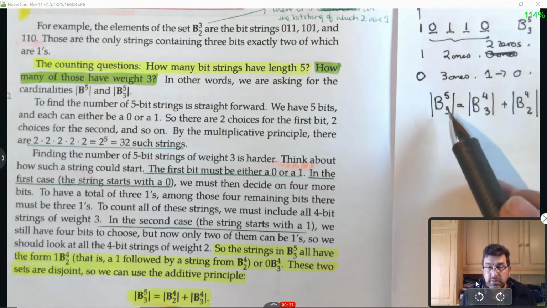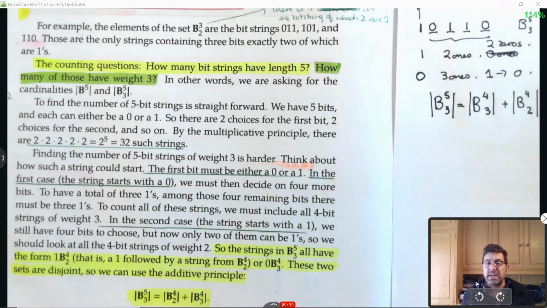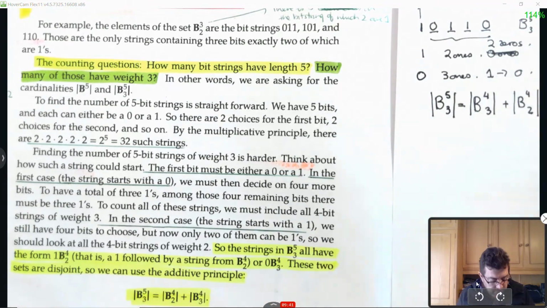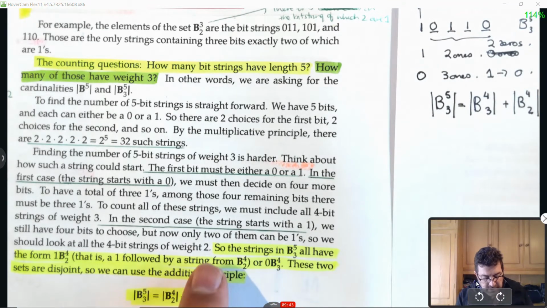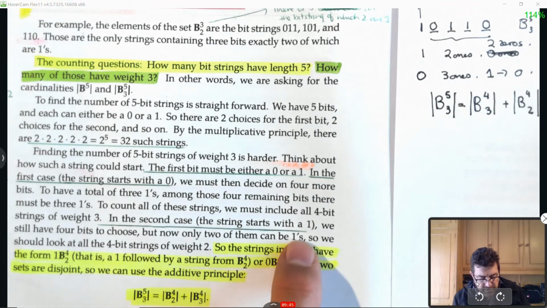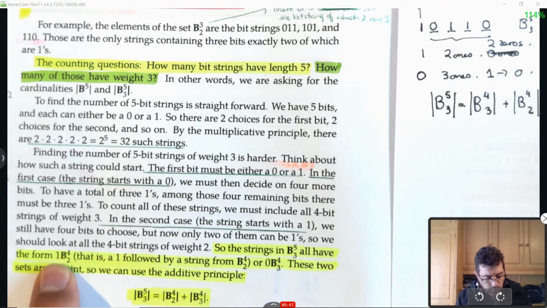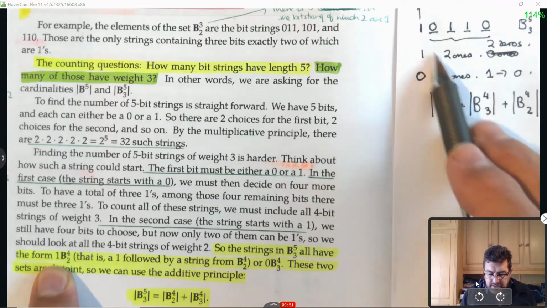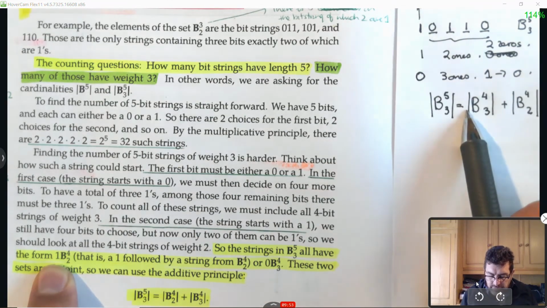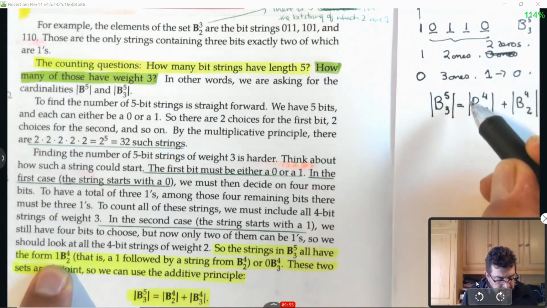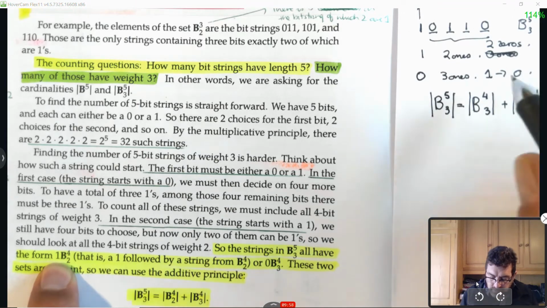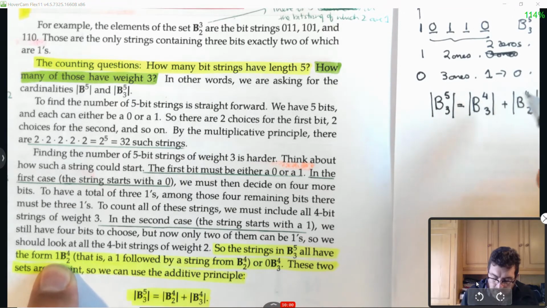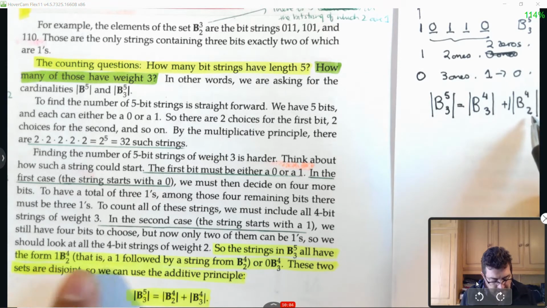The strings in B54 all have the form we applied over here. For the second one, where I chose my 1 first, I had 2 ones left to choose.